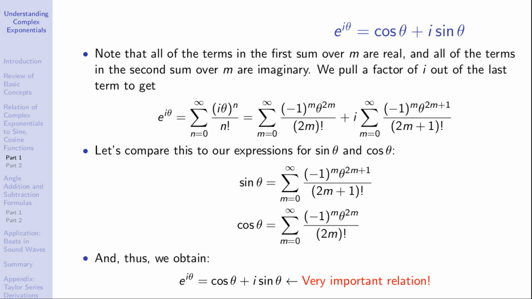Now note that all of the terms in the first sum over m are real, and all of the terms in the second sum over m are imaginary.